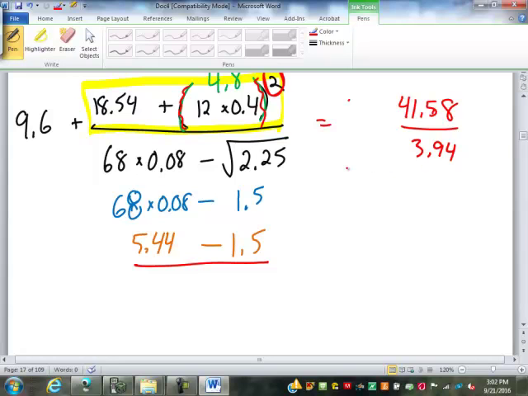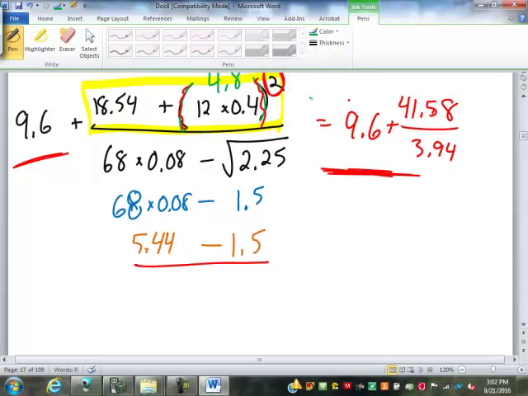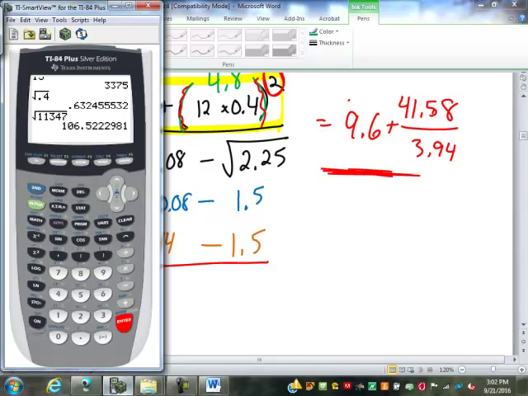Now I left a space here. Why did I leave that space? Don't forget about the 9.6. 9.6 plus whatever that result is. What do we have to do next? We're going to divide.